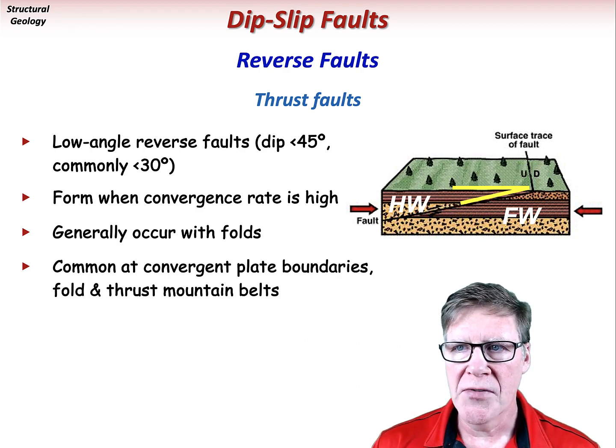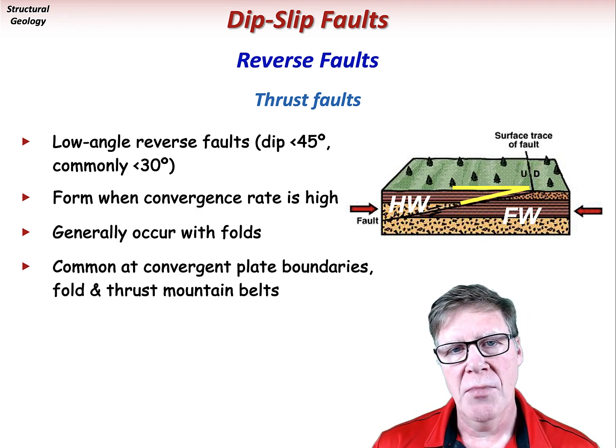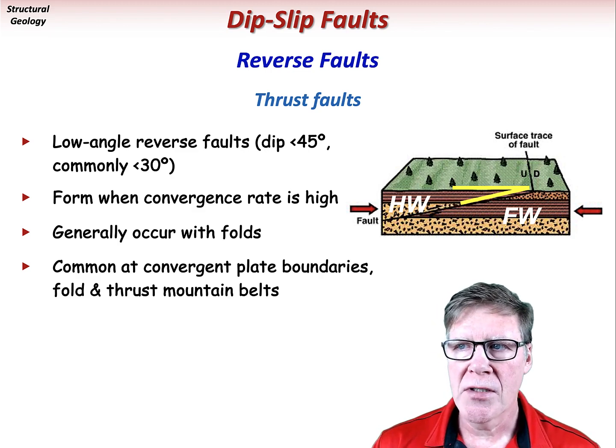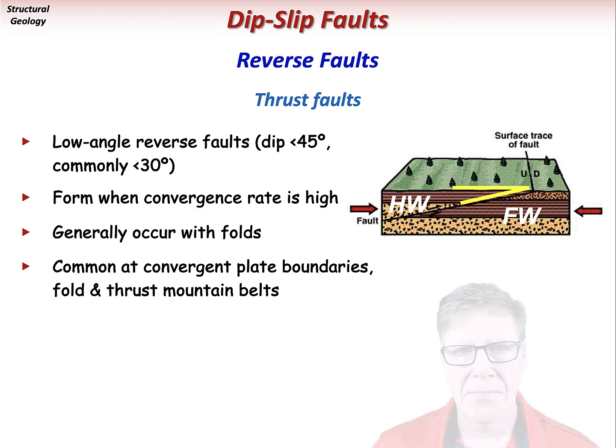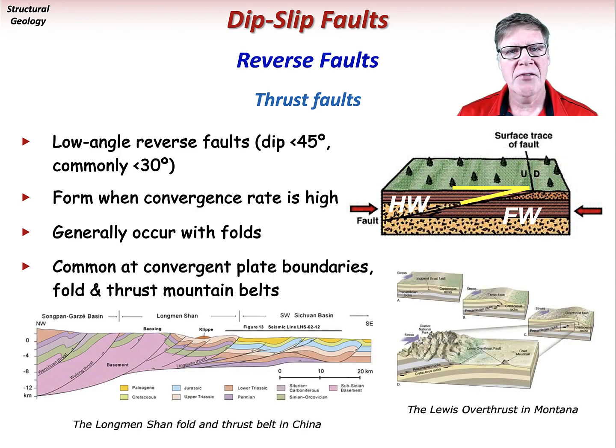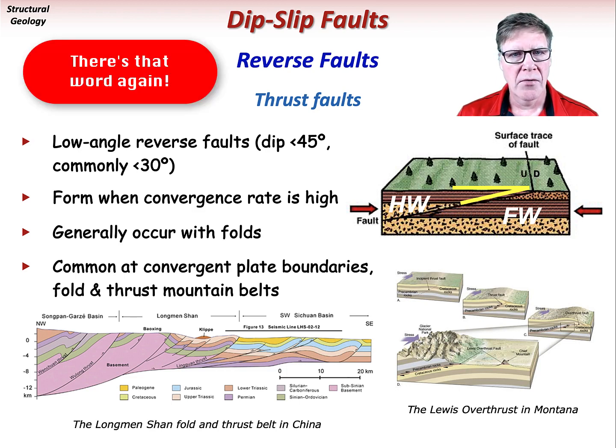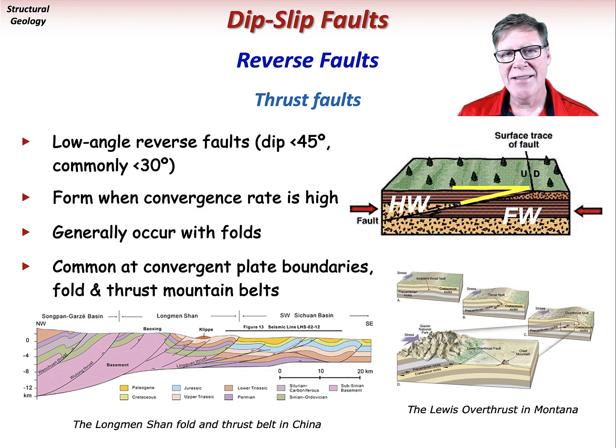In some mountain belts, known as fold and thrust belts, tectonic compression creates a complex network of faults and folds. Typically, a basal master thrust fault forms and serves as the glide plane or décollement for the upper plate. These master faults can have significant horizontal displacement.